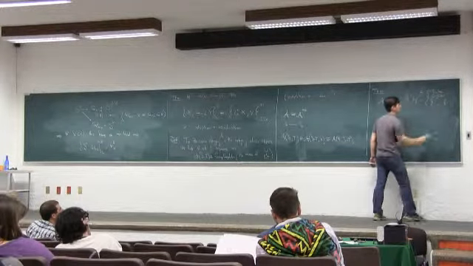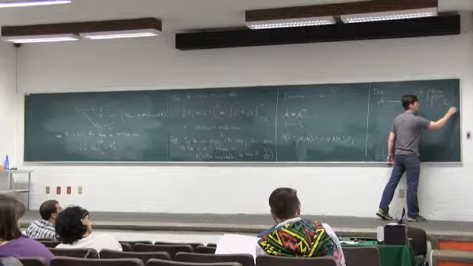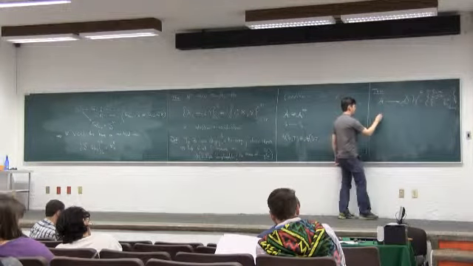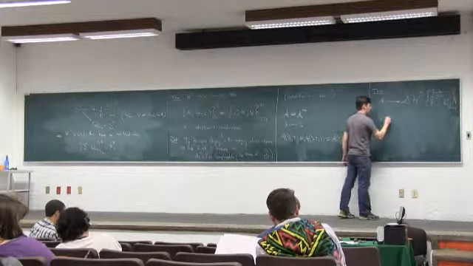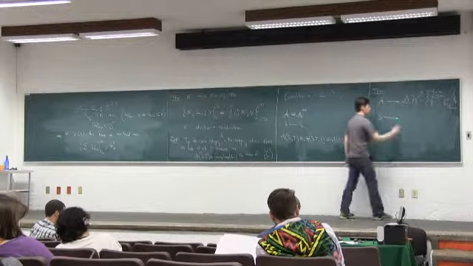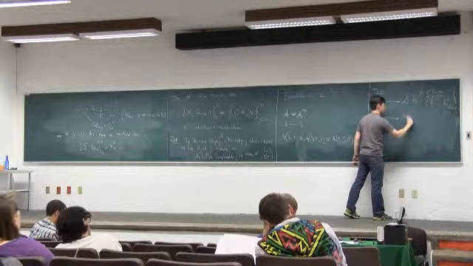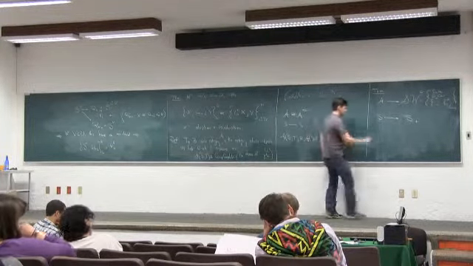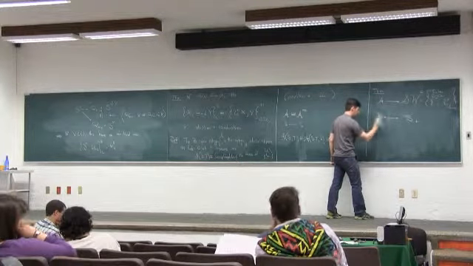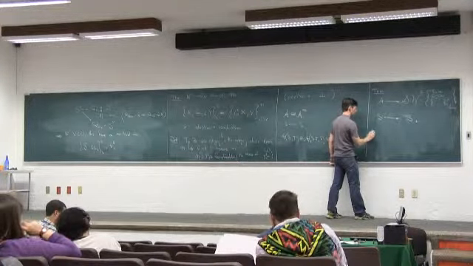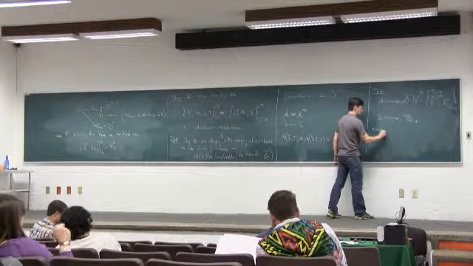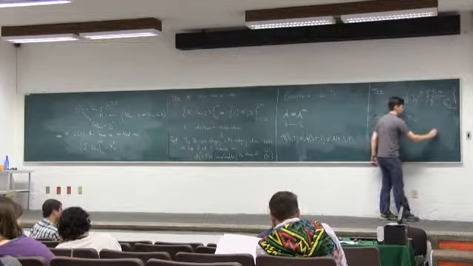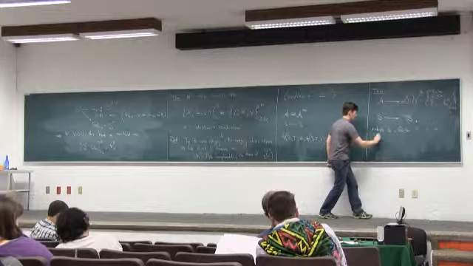And I'm going to do stable maps for the complete universe. That sends a G set S to the suspension spectrum S plus, which is in fact a finite G-CW complex, and this extends to a functor, and is a fully faithful embedding.